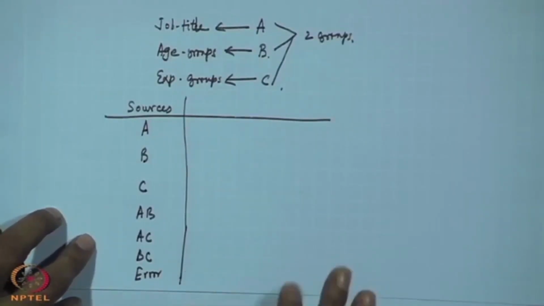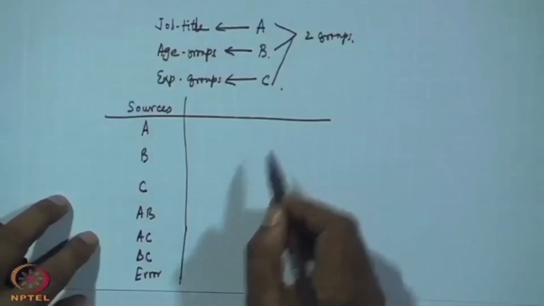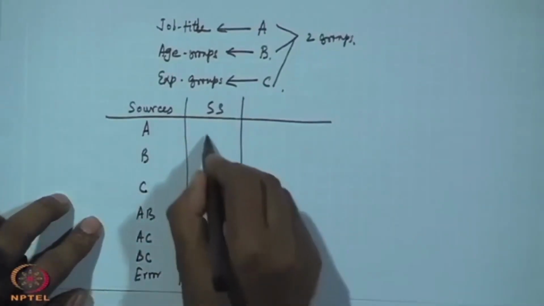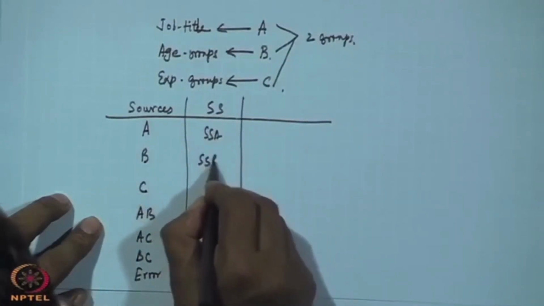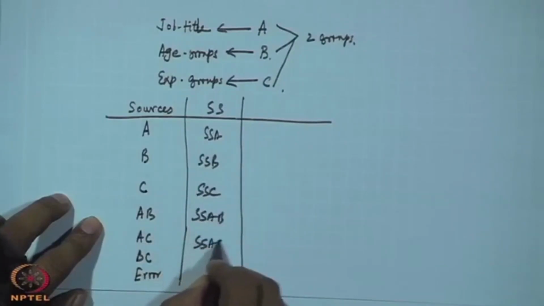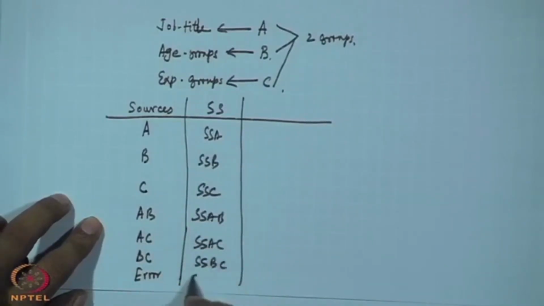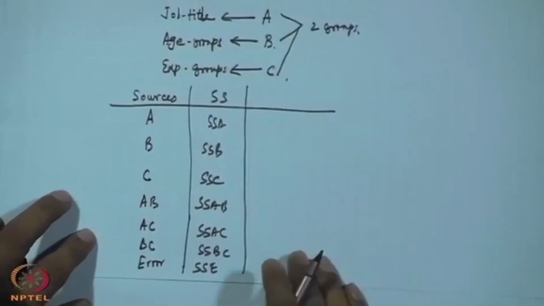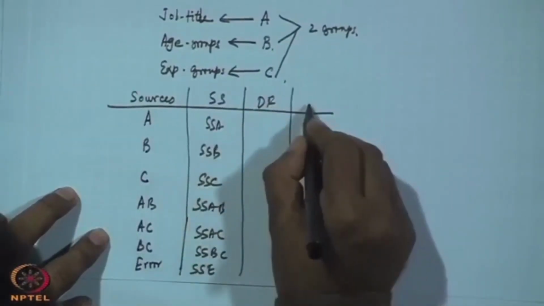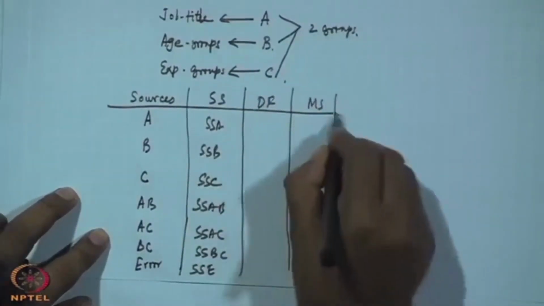ANOVA is not conceptually that difficult, it is easy to understand also. So, you will be calculating SSA, SSB, SSC, SSAB, SSAC, SSBC and SSE. Then definitely the last one is SS total. So, you write down the degrees of freedom, then you write down MS, you write down F.